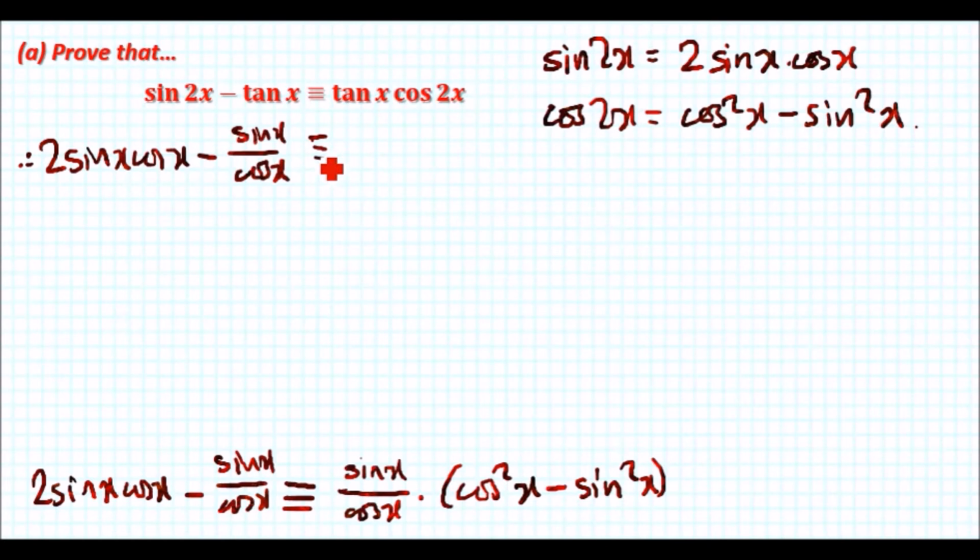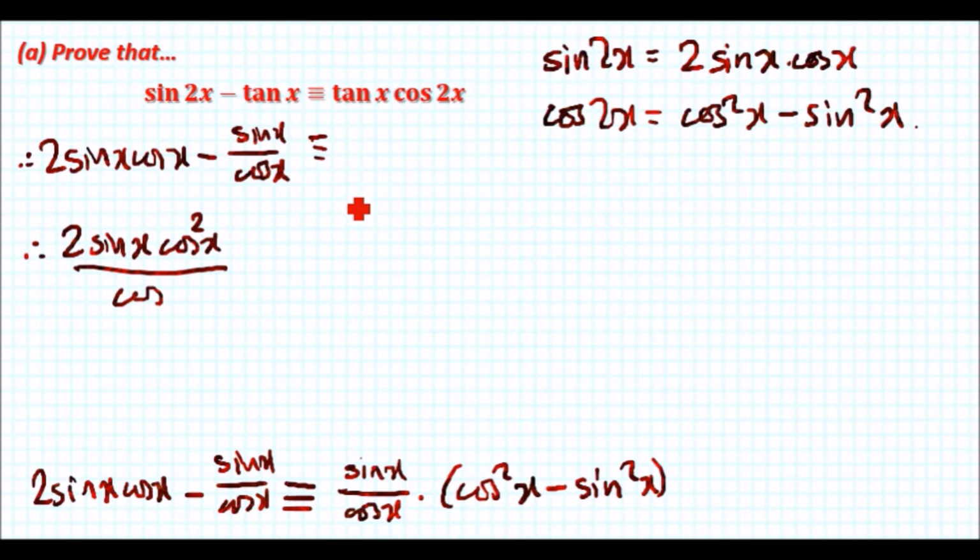So perhaps we need to multiply up and down on the first term here. There's 2 sin x by cos up and down. So we should have 2 sin x cos x, because there's an extra cos x, it'd be cos squared x all over cos x, and now minus sin x over cos x.